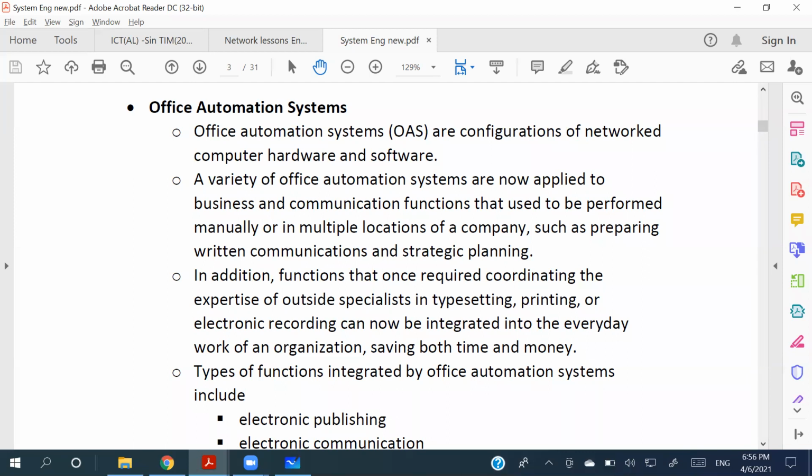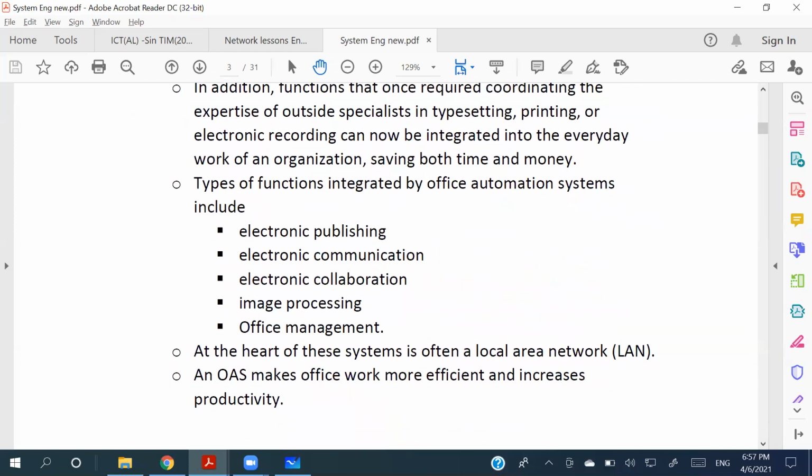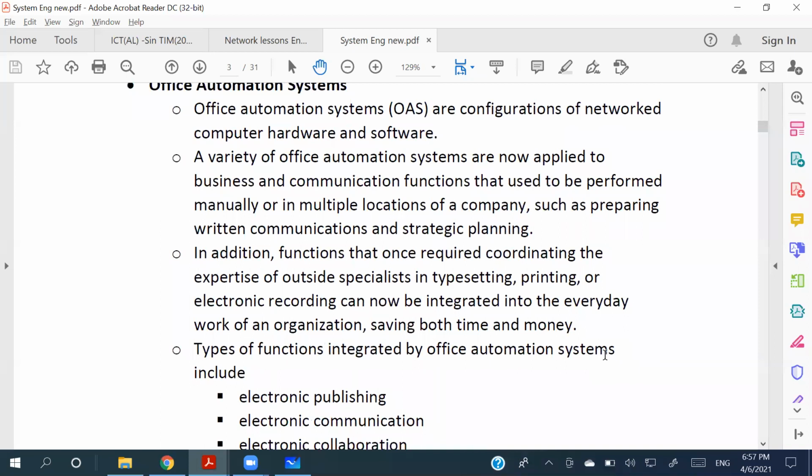Generally in most of the offices, these things are happening manually, right? When you need to publish something, you are going to create the documents and all these things with the interference of humans, right? And management type of things, still humans are intervening, right? But when you are having an OAS, you can automate several different tasks regarding an office, right?